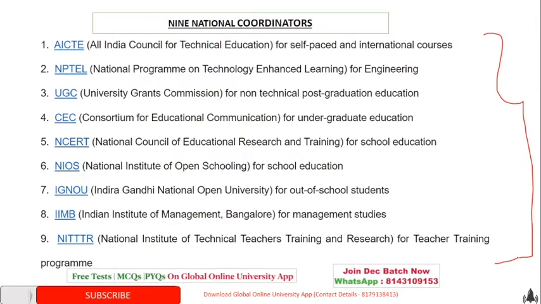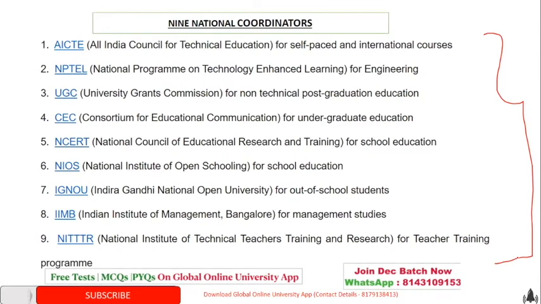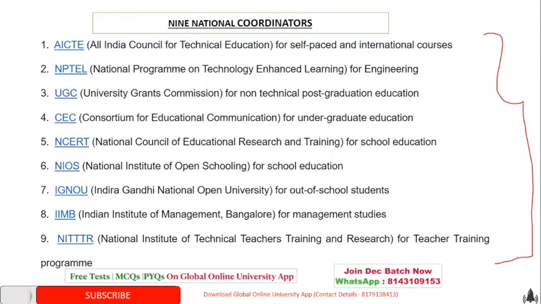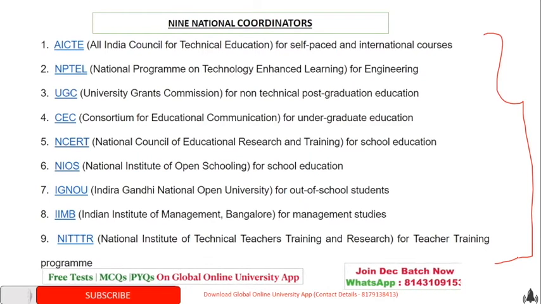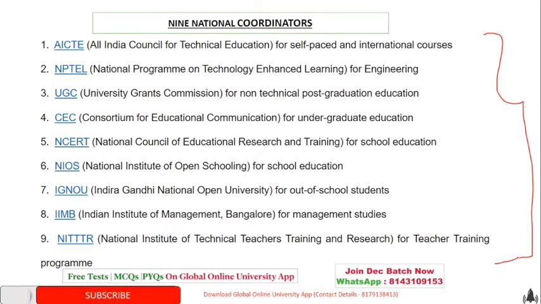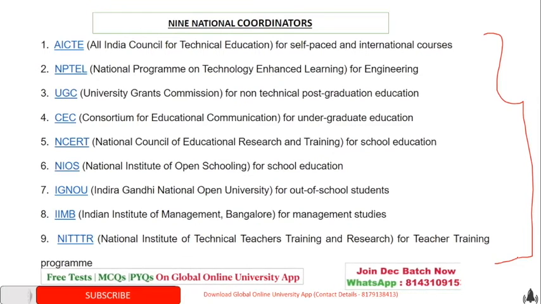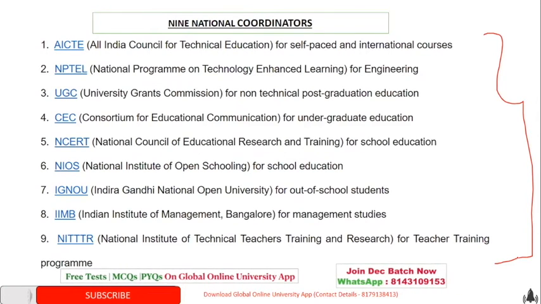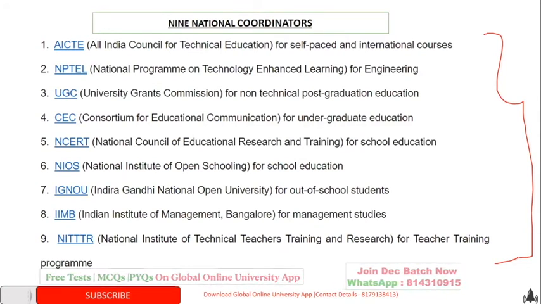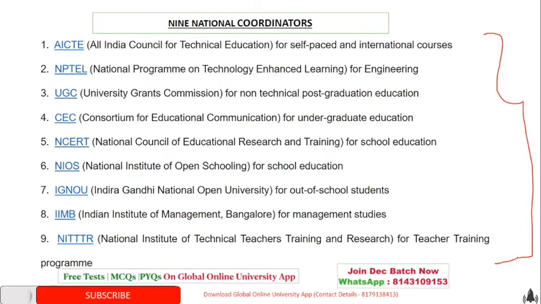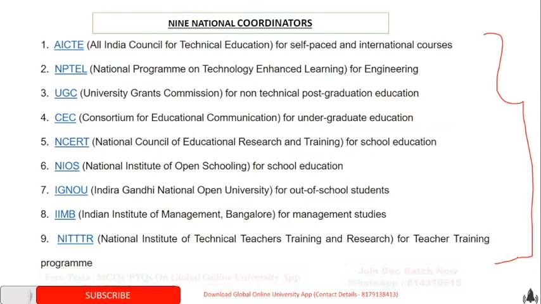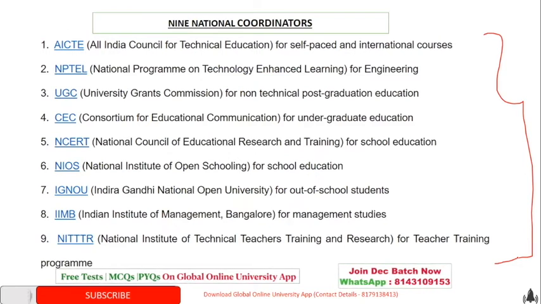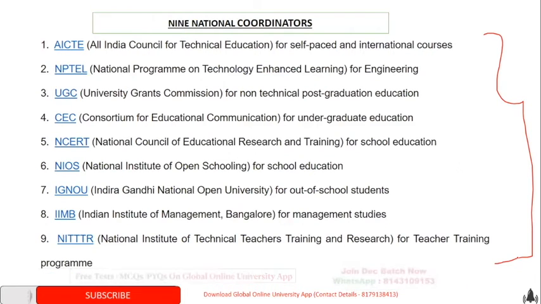So it starts with AICTE, that is All India Council for Technical Education. Then it is NPTEL, that is National Program for Technology Enhanced Learning for Engineering. UGC, that is University Grants Commission, which talks about post graduation education. CEC, that is Consortium for Educational Communication for undergraduate courses.